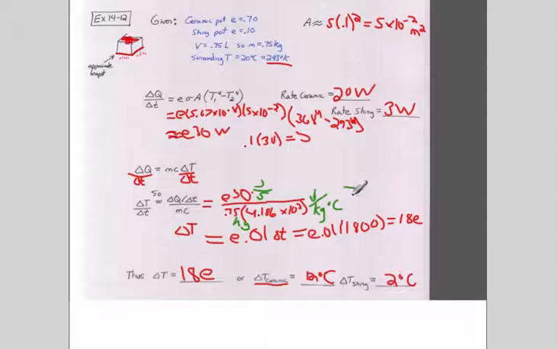So let's just look at the units there. So we've got joules over seconds over kilograms, joules over kilograms, and degrees Celsius. So if we flip that up, what do we get? The kilograms cancel out, right? And then it's joules over seconds over joules over degrees.